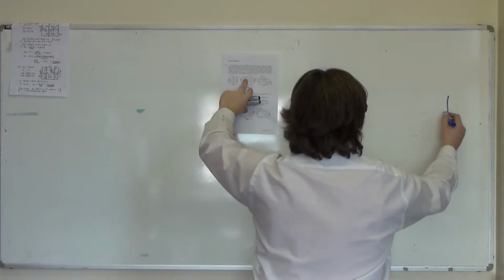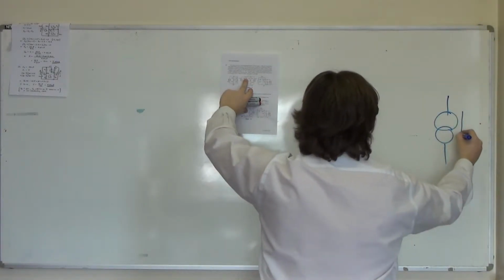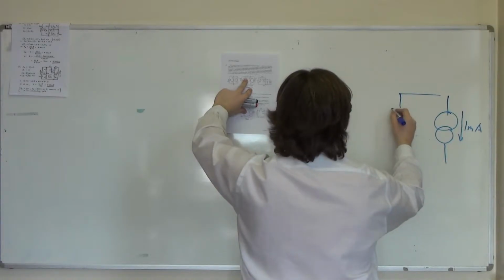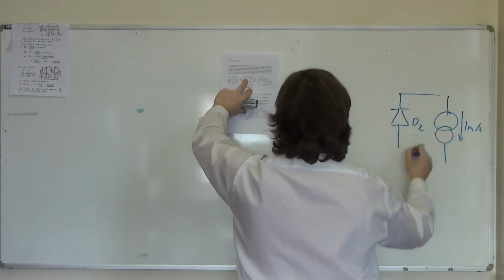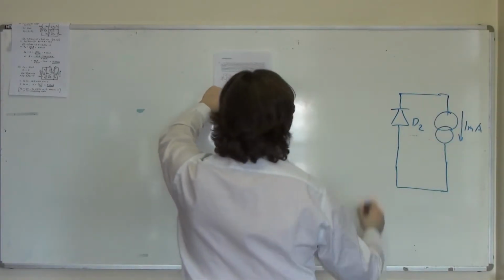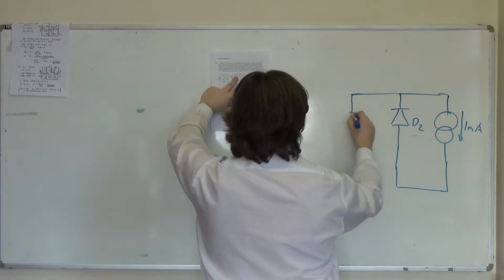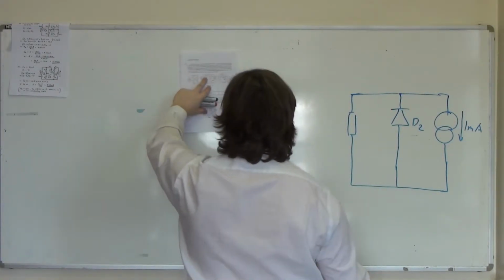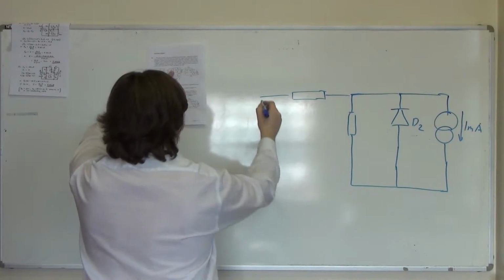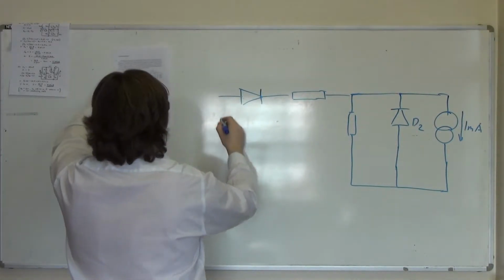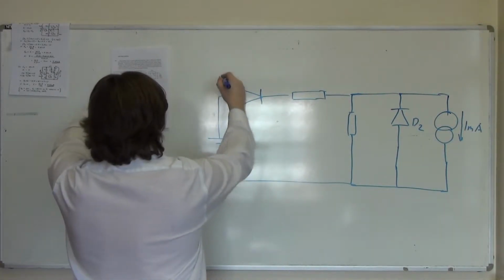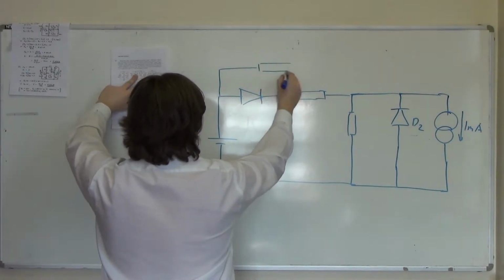So we've got a 1 milliamp current source, and we've got D2, and we've got a resistor in series in parallel, and we've got a resistor off here, and a diode, and a voltage source, and in parallel with these two we've got a resistor.